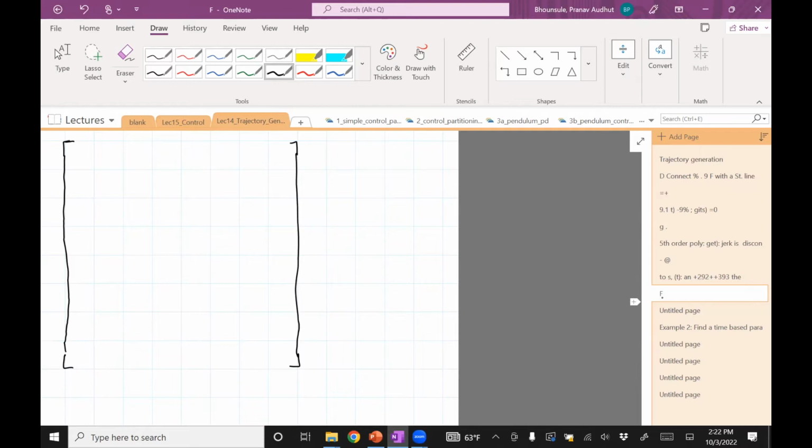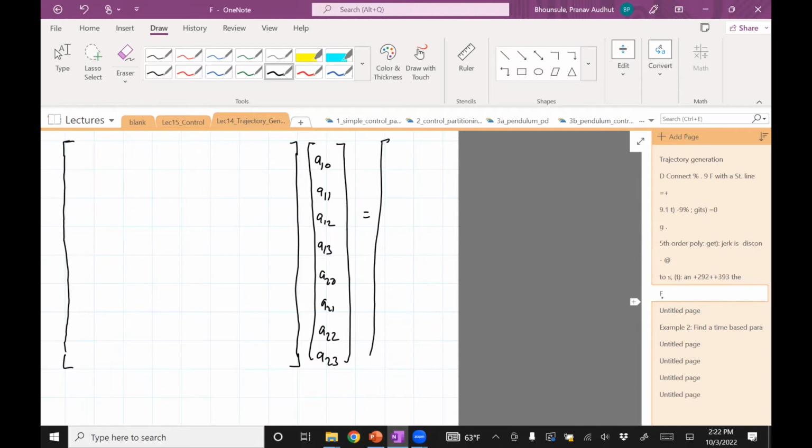Then our unknowns are going to be A10, A11, A12, A13, A20, A21, A22, A23, equals something on the right hand side.